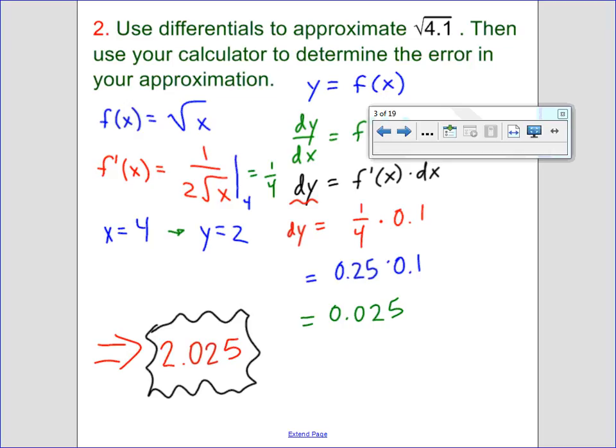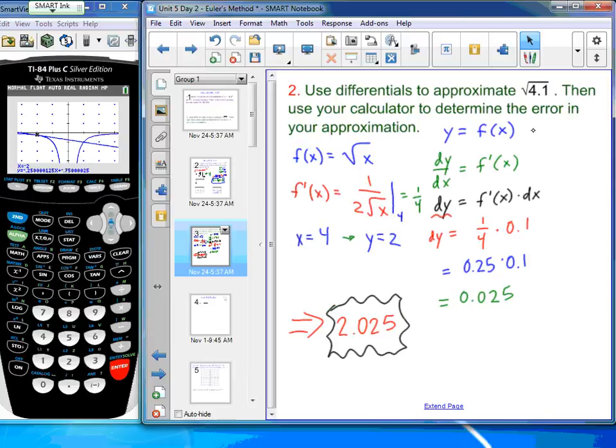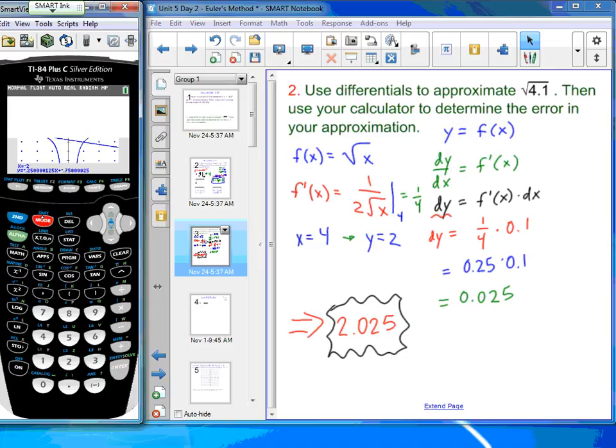All right, now let's compare that with the actual. So we'll just do our regular calculator home screen, and we're going to find the actual by doing the square root of 4.1. How well did we do? Looks like, hey, we did pretty well.